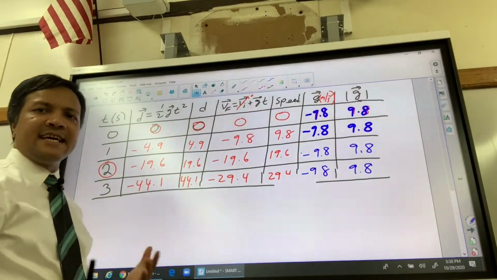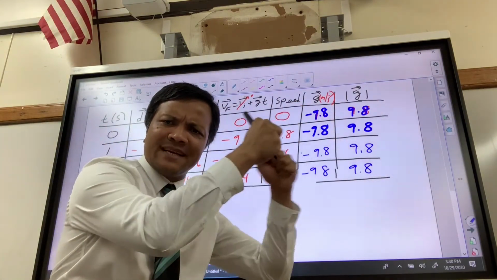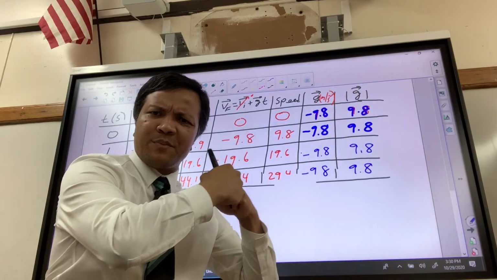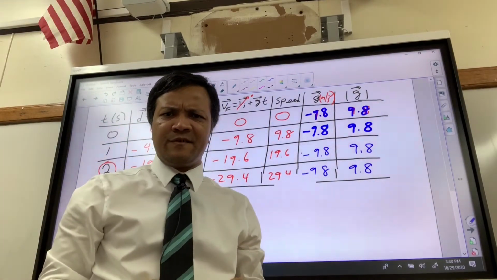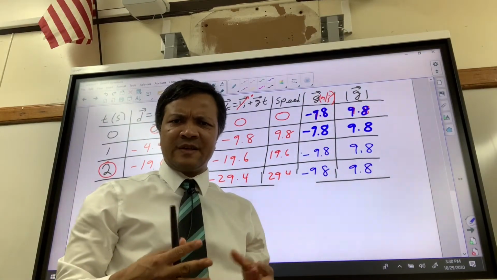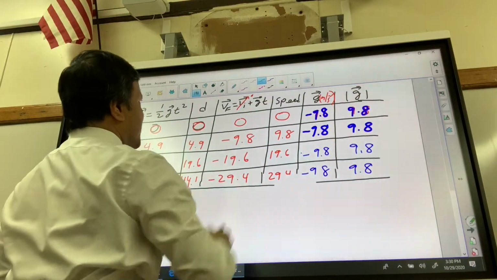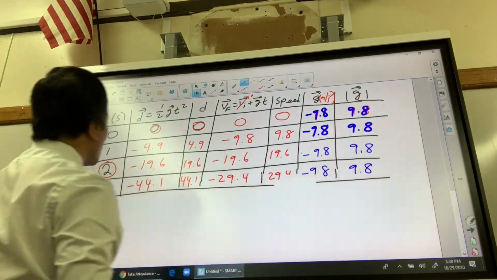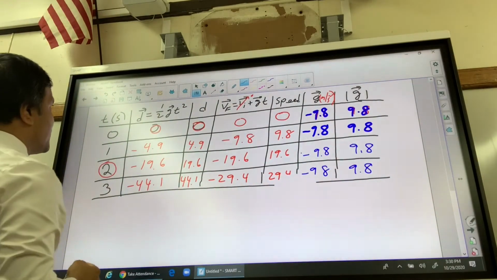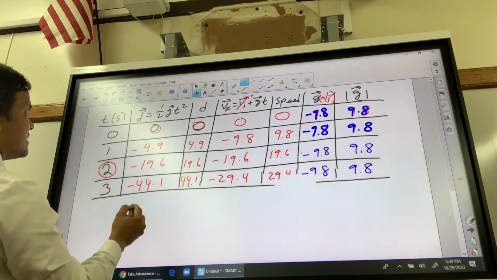So this is the data collected from Galileo dropping a sphere from the Leaning Tower at the University of Pisa in 1590, 26-year-old Galileo. First we're going to draw the graphs.